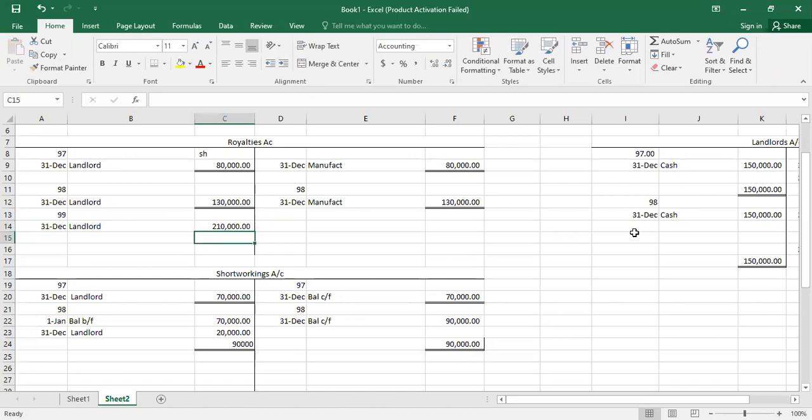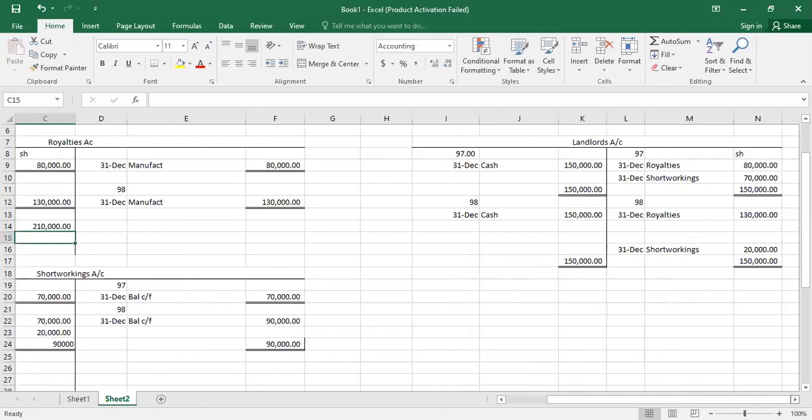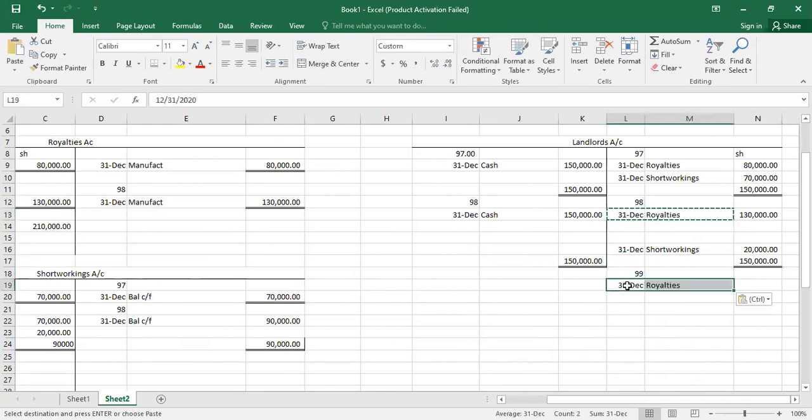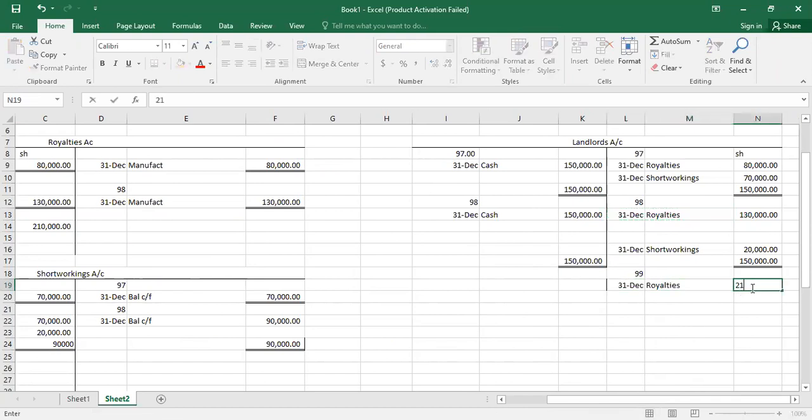So you are supposed to credit the landlord's account. This is the year 99. I'm getting the royalties to 10.